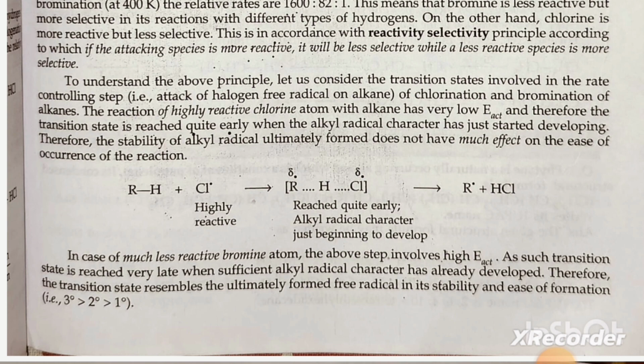In the case of much less reactive bromine atom, the above step involves high activation energy. As such, the transition state is reached very late when sufficient alkyl radical character has already developed. Therefore, the transition state resembles the ultimately formed free radical in its stability and ease of formation: 3 degree greater than 2 degree greater than 1 degree.